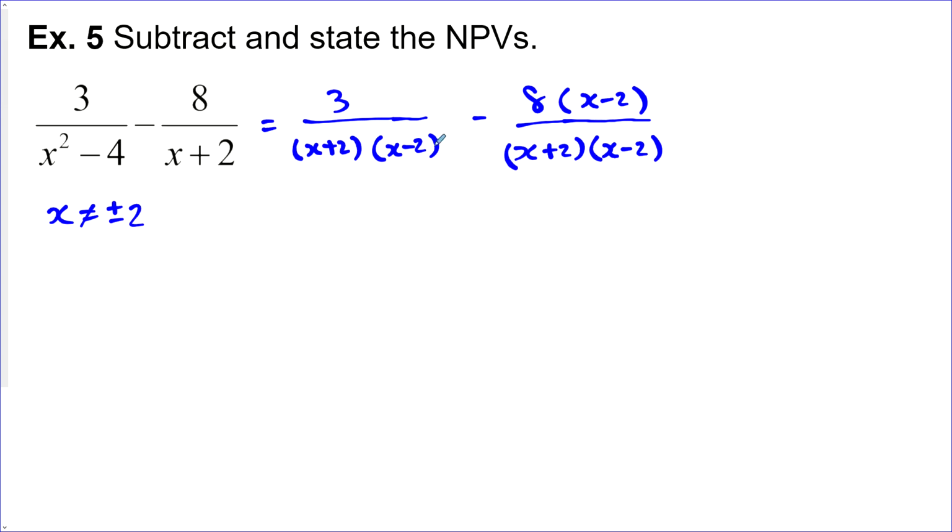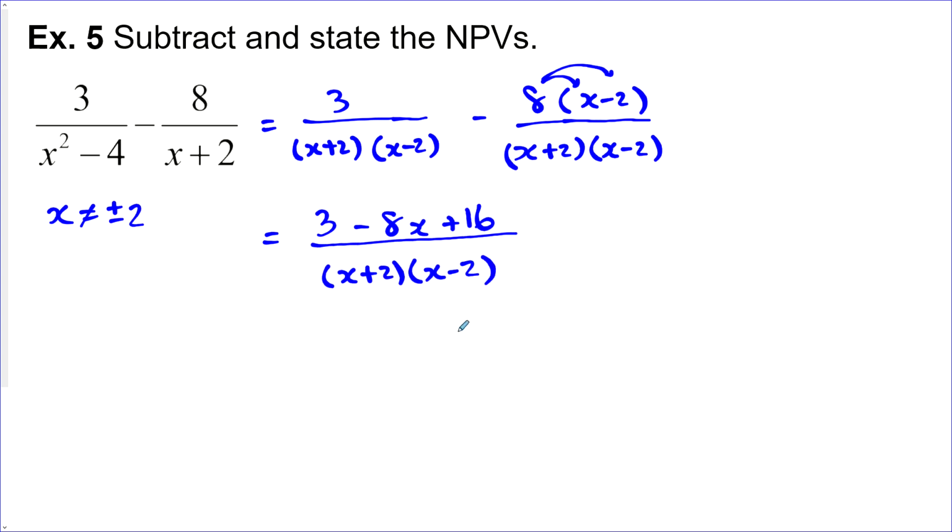Now let's go on. We can rewrite these together because they have a common denominator, so 3 minus. We can also distribute in the negative 8 or the minus 8. So minus 8x and plus 16. Keep the denominator factored, do not multiply it together.